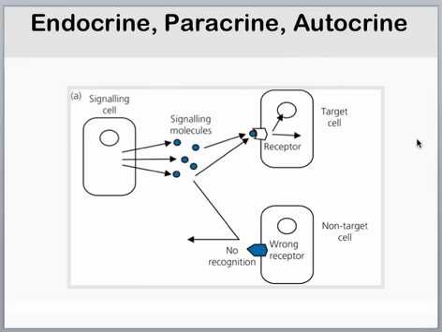For cells which may be distant, we can have endocrine, paracrine, or autocrine signaling. You may be familiar with these terms from biodiversity or some other subjects you may have done. In this case, we're talking about a signaling molecule releasing something which travels a distance to reach the target cell.